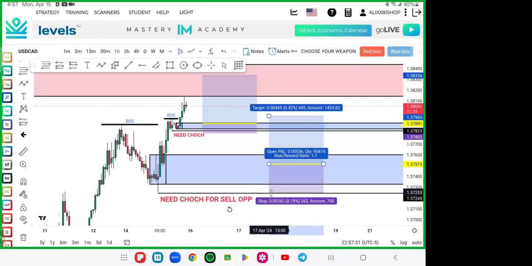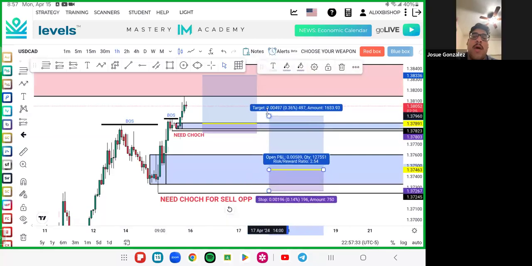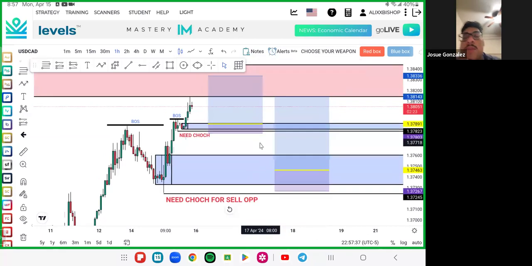Right here. A question. What's up? I was gonna ask, if the market changed character on the 1 hour, do we sell off of that starting point, a zone, or do we sell off of the original zone up top?